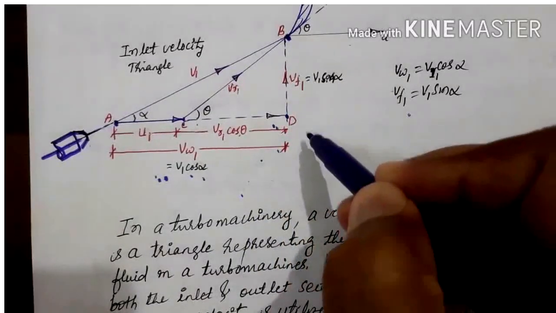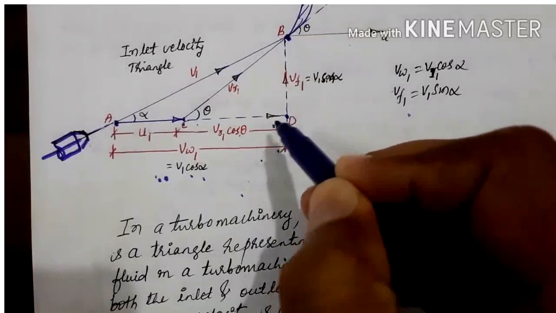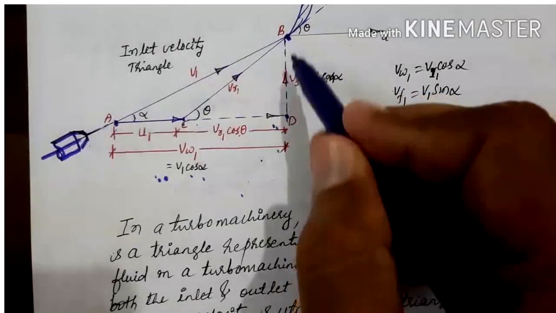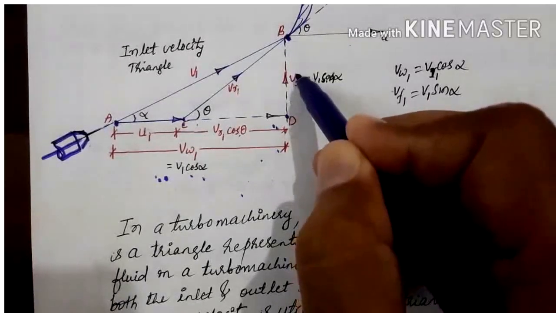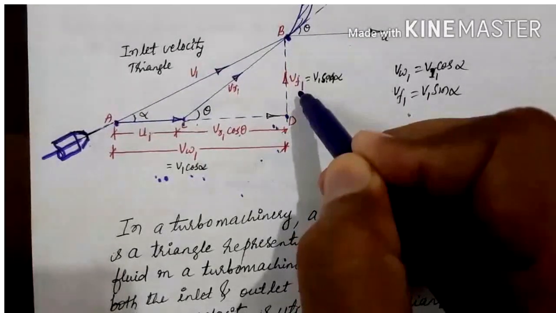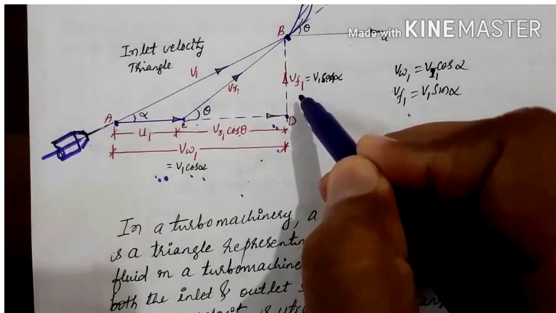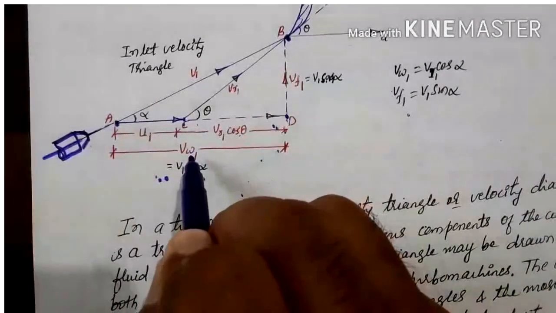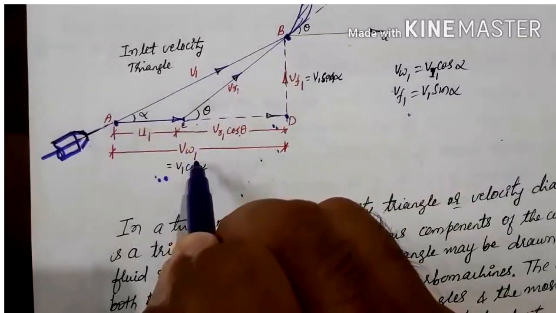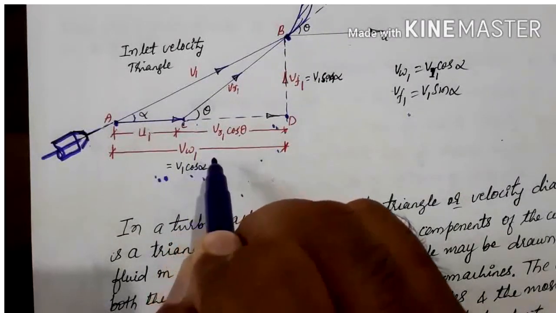Then produced at D, this BD represents the velocity of flow, Vf1. Then AD represents the velocity of whirl at inlet.